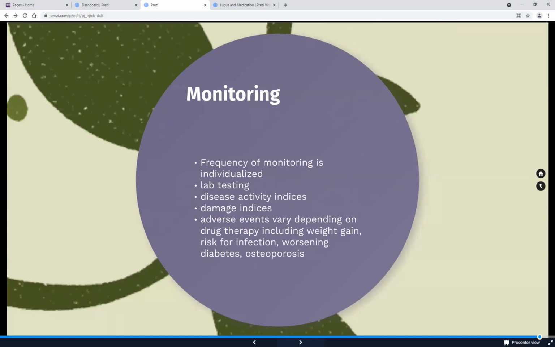We'll also track some of the disease activity indices, so helping us constantly reevaluate severity level, what's a flare, what's not a flare. We'll take into consideration adverse events, what might be impacting things like weight gain, risk for infection, worsening diabetes, osteoporosis.